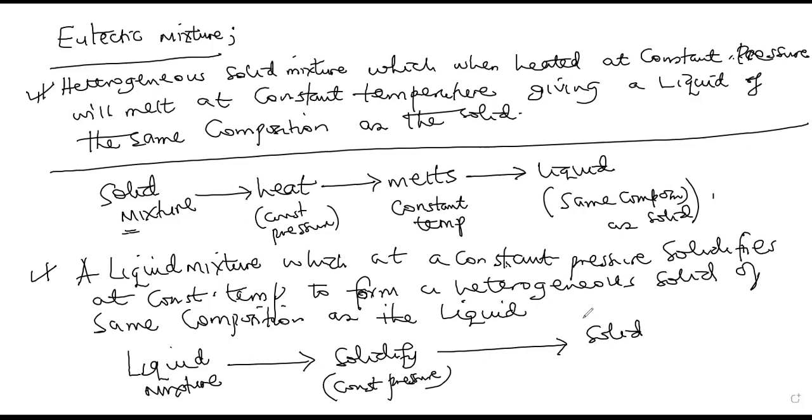So it solidifies to a heterogeneous solid, which must have the same composition as the liquid. As simple as that. A liquid mixture, which at a constant pressure solidifies at constant temperature to form a heterogeneous solid of the same composition as the liquid. So this is what we call a eutectic mixture.